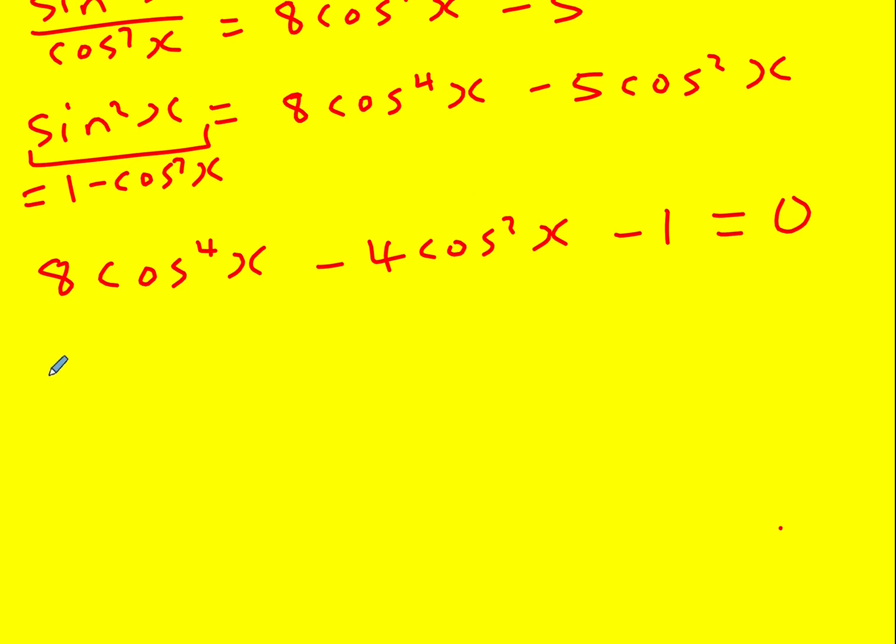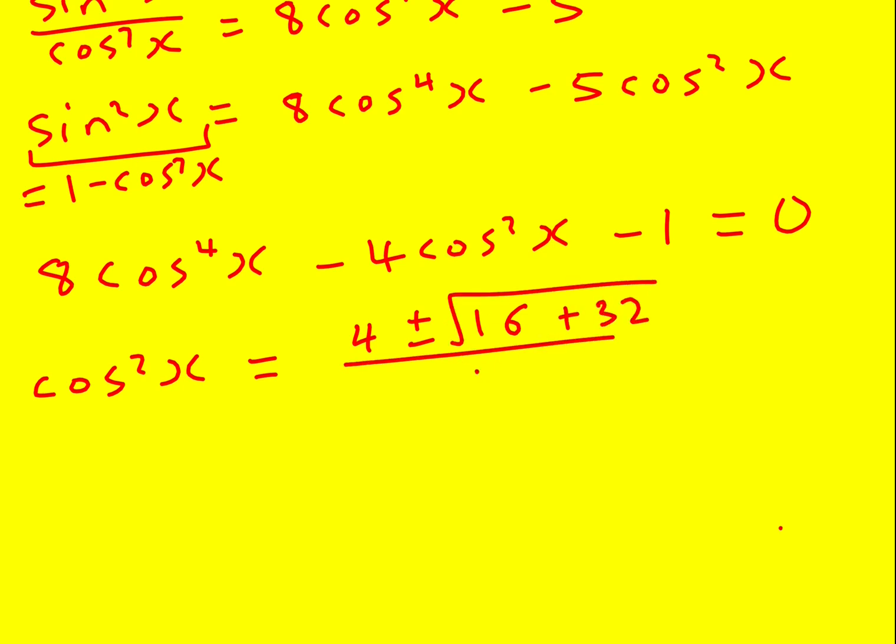So it must be that cos squared x, we can use the quadratic formula, and it's going to be 4 plus or minus the square root of minus 4 squared minus 4 times 8 times minus 1, so it'd be plus 32 here, all over 16. And I know that doesn't look very nice, but we've got to roll with it. This is correct.